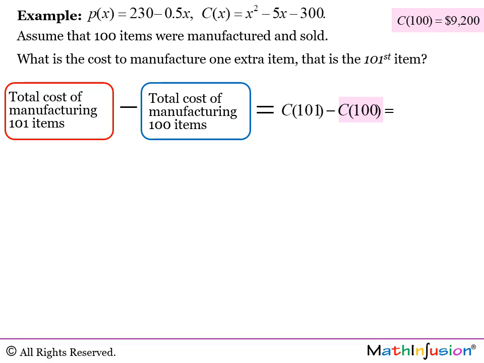This is C(101) minus C(100). You first substitute 101 and then you substitute 100. We already calculated C(100), and we get $186. This is the exact cost of manufacturing an extra item, which is the 101st item.